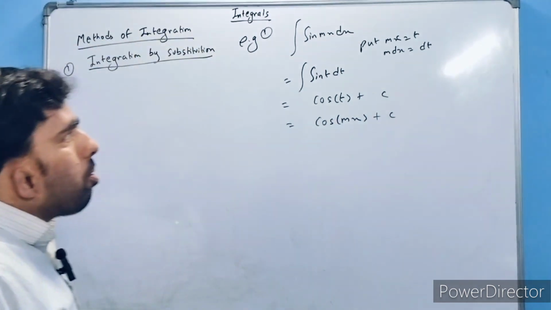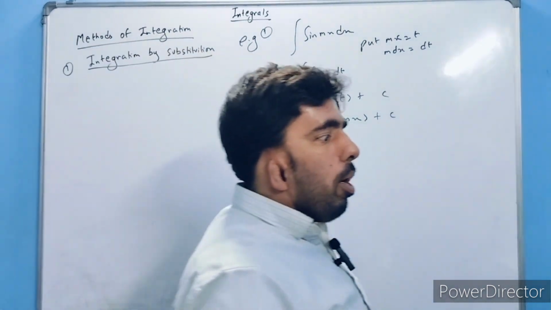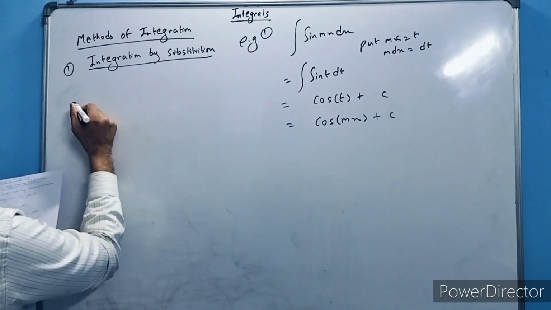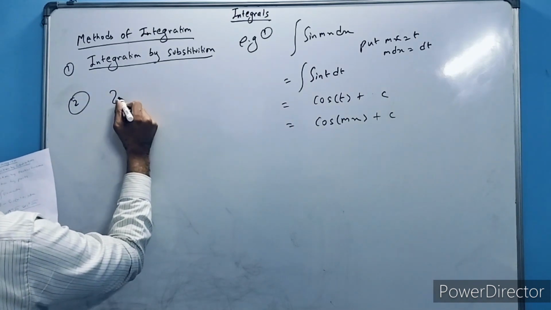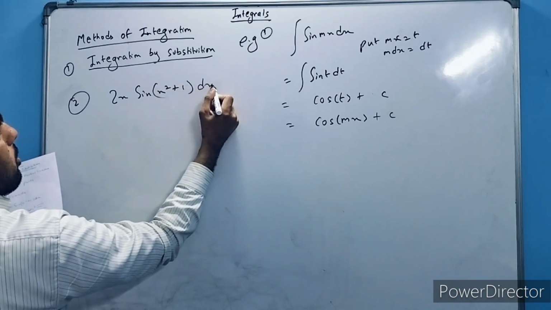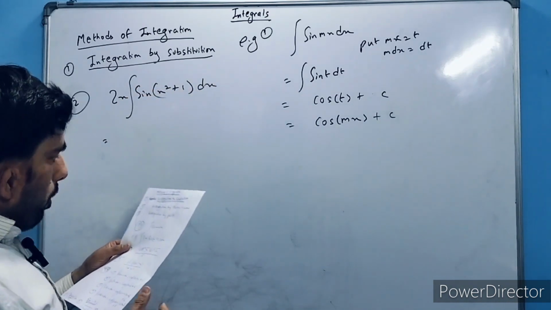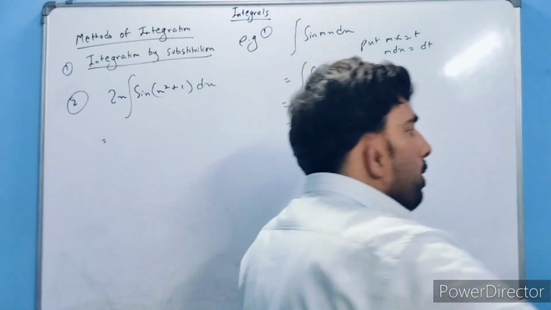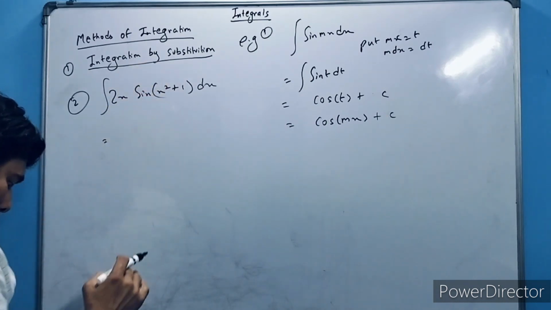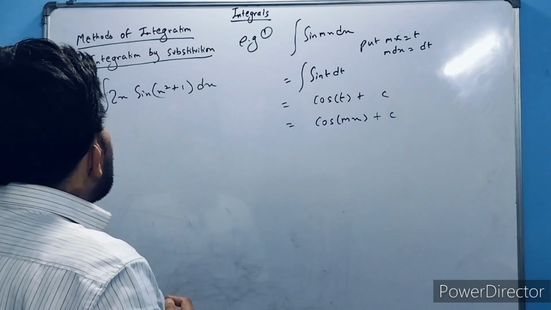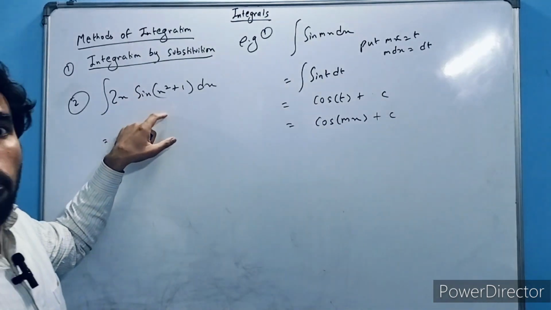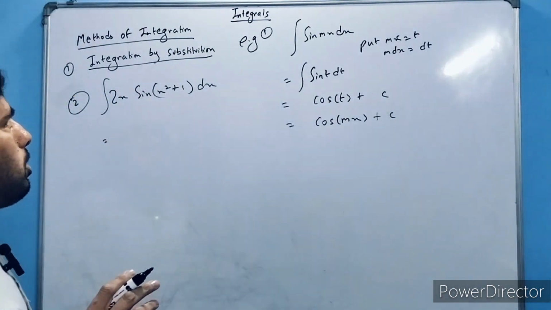Let us try to solve more complex questions so that we learn this method very easily. Let us solve one more example: integral of 2x sin(x square plus 1) dx. Here we need to solve this numerical with the help of the substitution method.